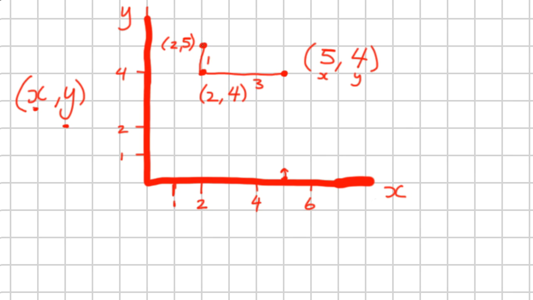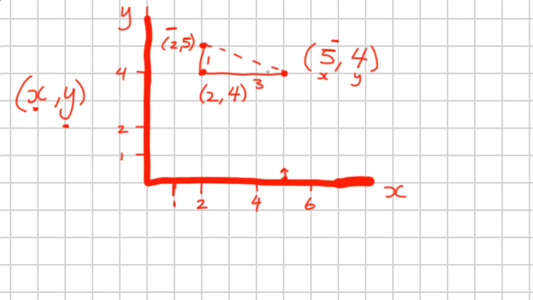But let's look at the distance between this point here, this 2, 5, and this point here, this 5, 4. So if I were to draw that line on here we are. I want to find the distance between those 2 points. What we can do is use Pythagoras. We can look at how far across we've come and how far up we've had to go, and break that down into 2 different things.